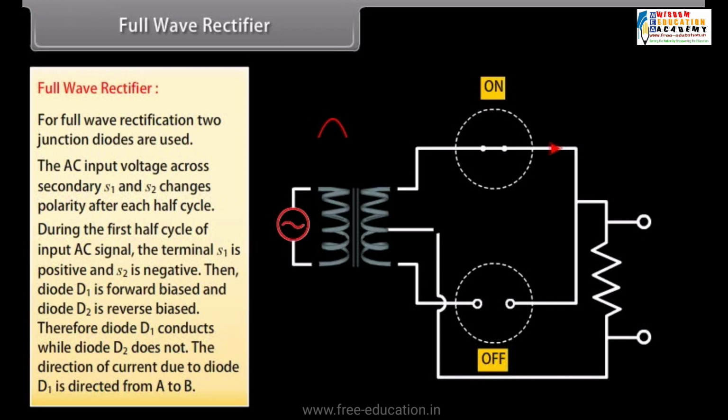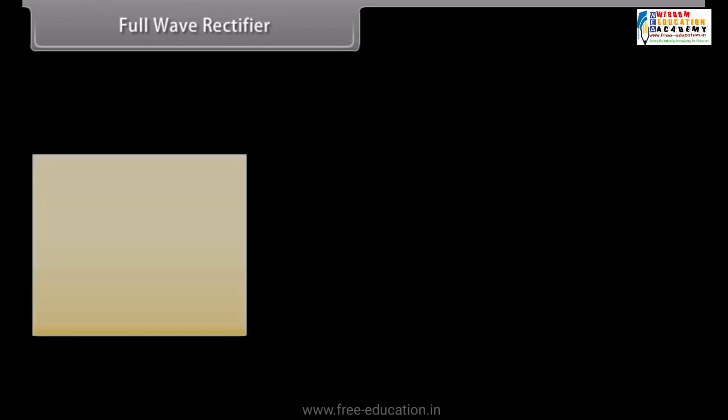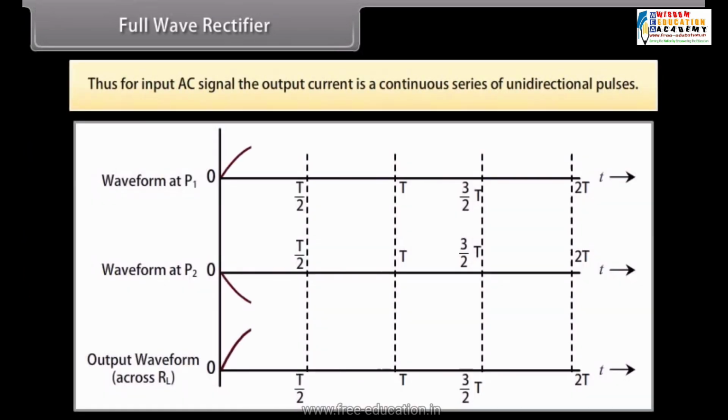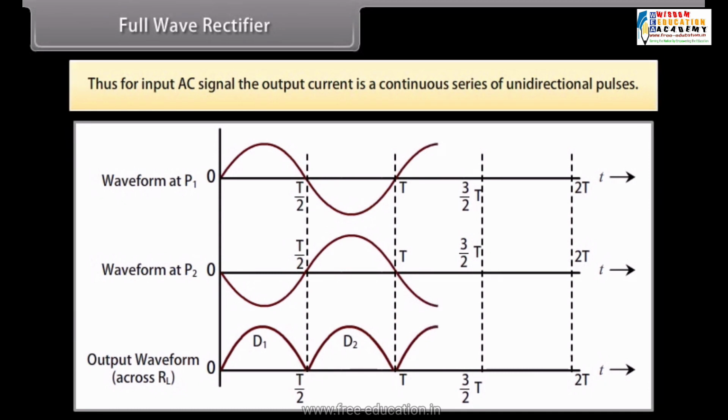The direction of current due to diode D1 is directed from A to B. In next half cycle, the terminal S1 is negative and S2 is positive. The diode D1 is reverse biased and diode D2 is forward biased. Therefore, diode D2 conducts while D1 does not. The direction of current due to diode D2 is from A to B. Thus, for input AC signal, the output current is a continuous series of unidirectional pulses.